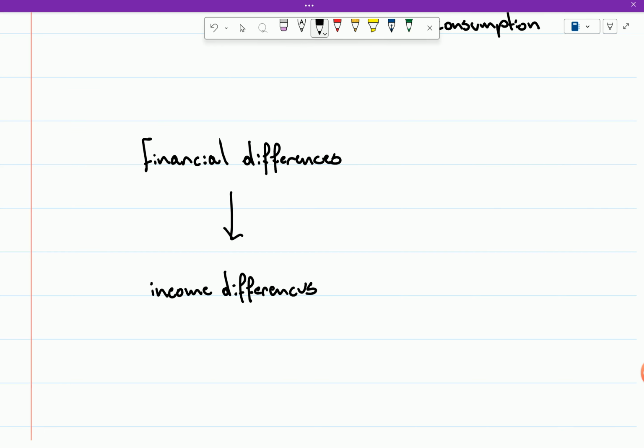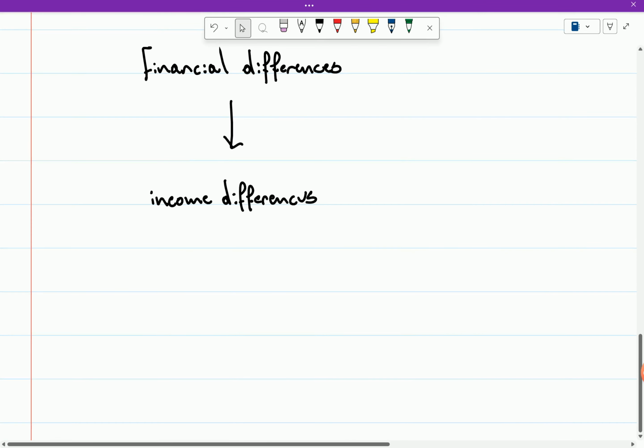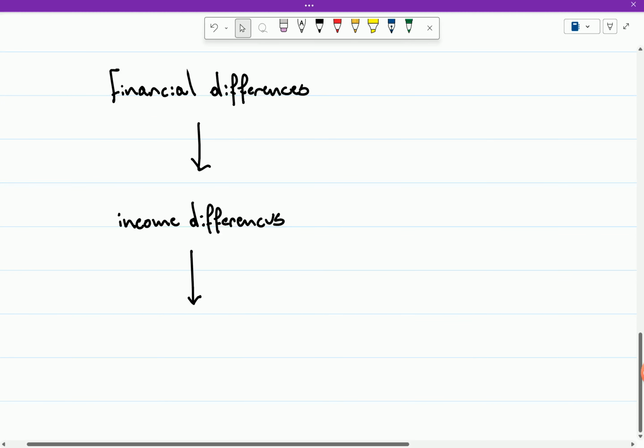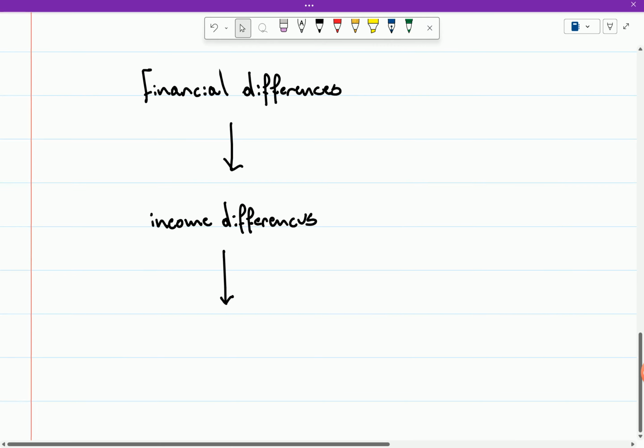Income differences. And then that's where we're going to start. So you could be more specific. If you really wanted to have an example of it, you could talk about low income in a consumer society, so choice limitations.